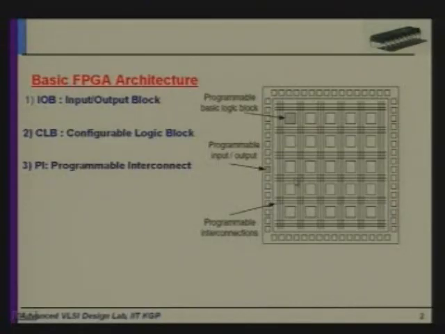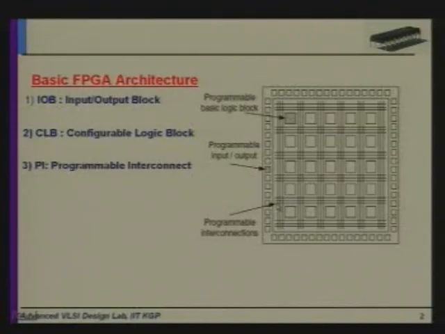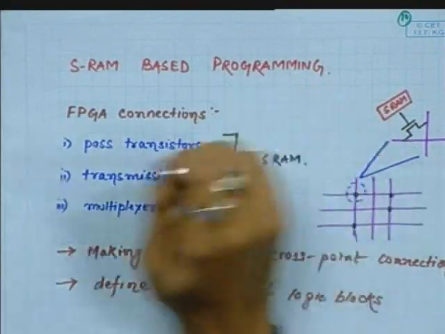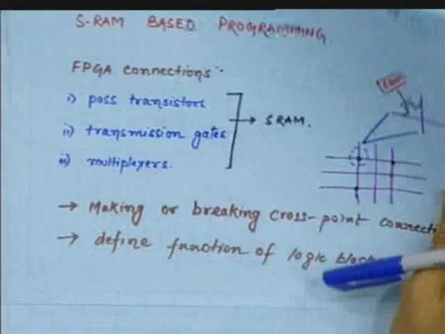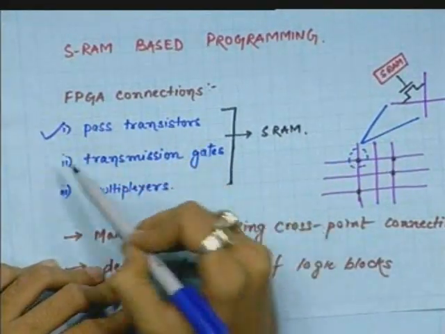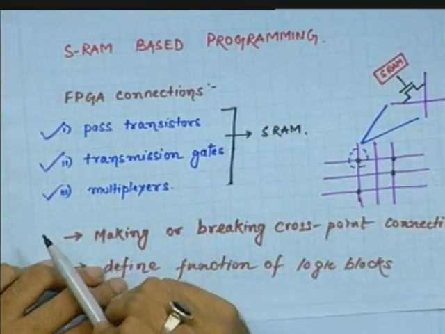These interconnections are actually programmable. So, what does programming here mean? We will program these interconnections. The main FPGA connections we find are pass transistors, transmission gates, and multiplexers.